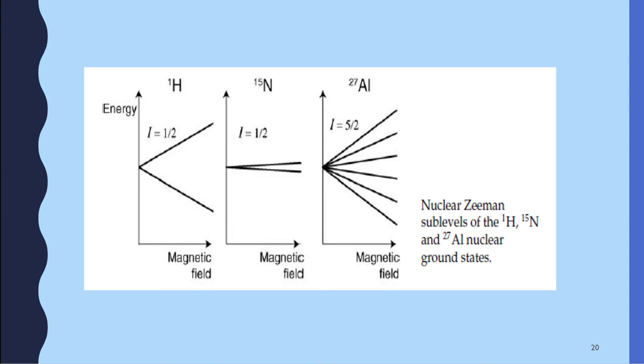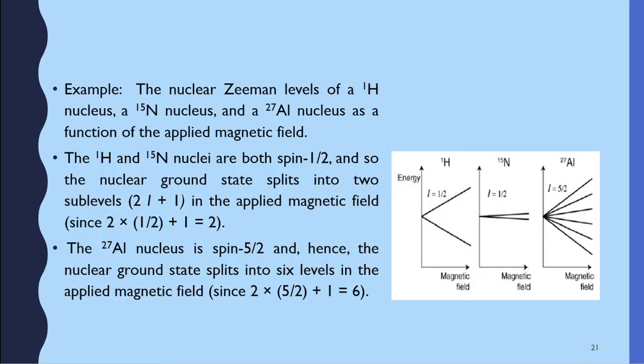I hope you realize that the obvious question is, if this is 1/2 and this is 1/2, why on earth is the splitting small? Why is this small and why is this big? Why do you think?